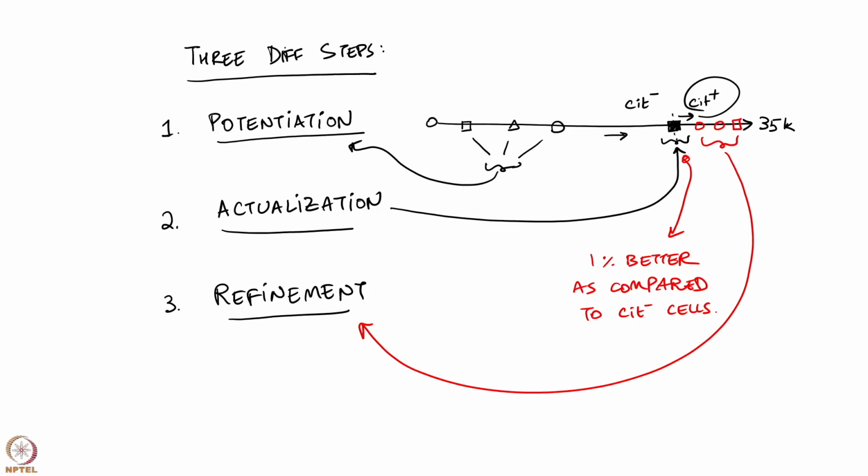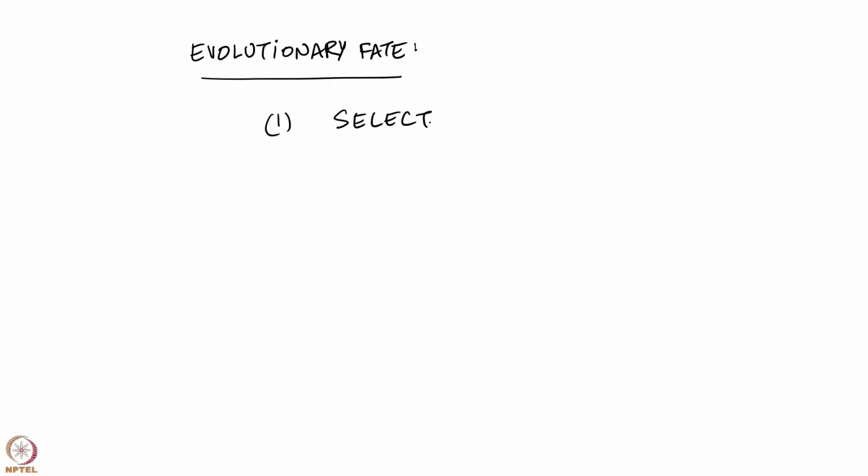One thing that this experiment should make abundantly clear is that so far we have been saying that evolutionary fate is decided by selection, what sort of environment did this population grow on, which is extremely important, but also drift or chance events.